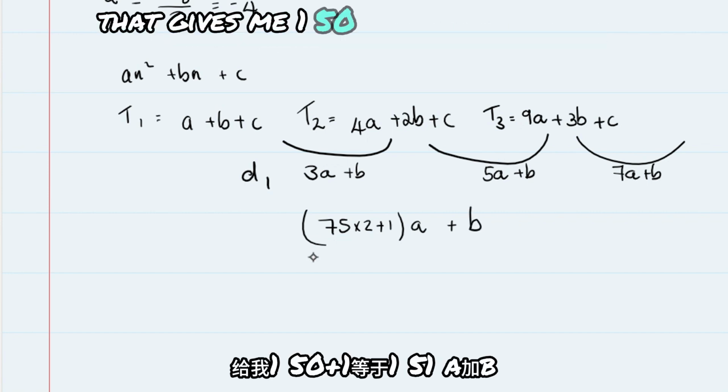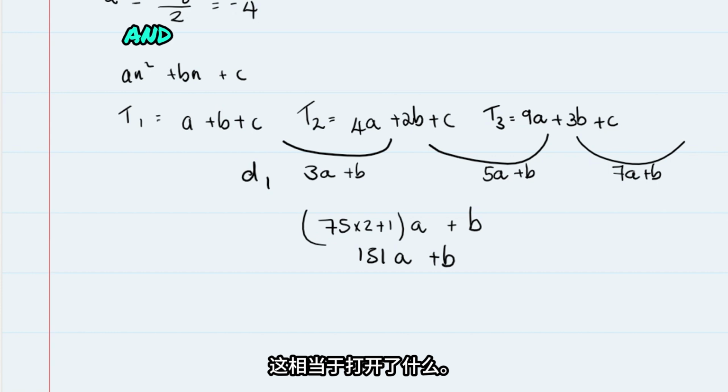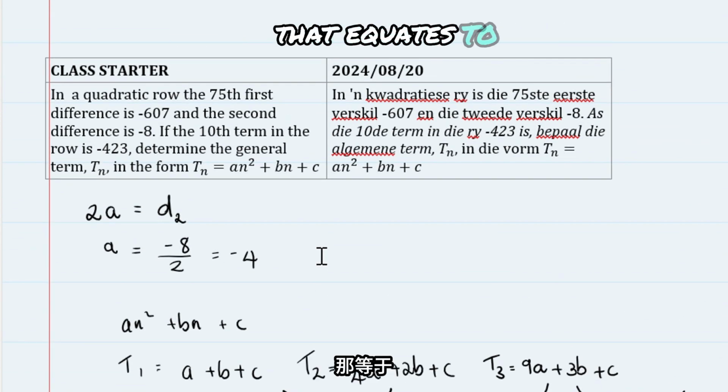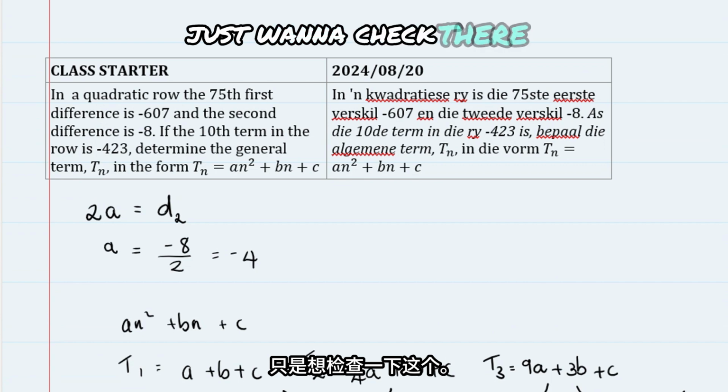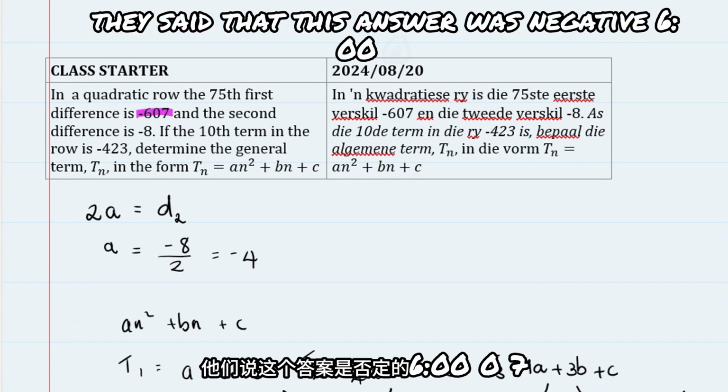That gives me 150 plus 1, which is 151A plus B. And that equates to what? What did they give us here? Let me just check. They said that this answer was negative 607.